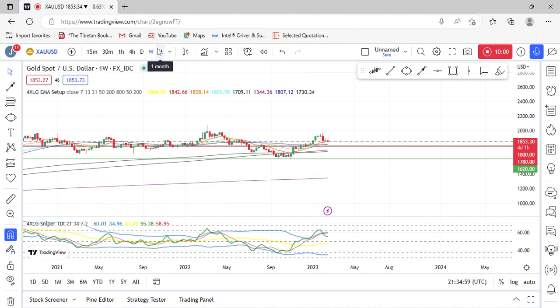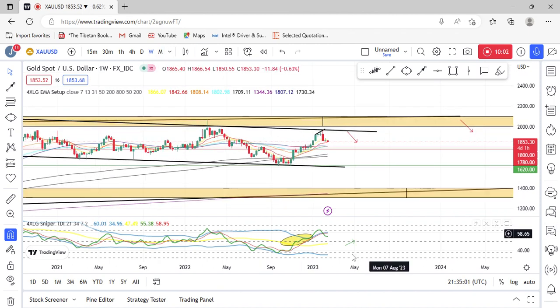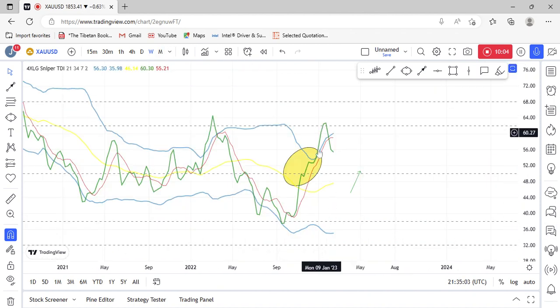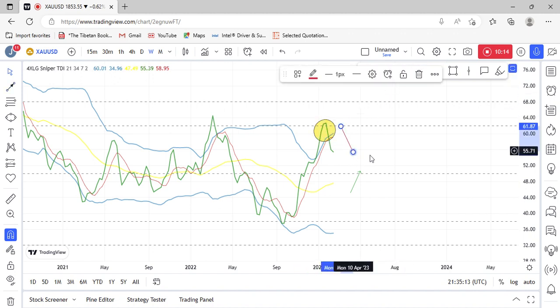So when we get down to the weekly, it's a confirmation on TDI as well. There's a current confirmation for the bearish opportunity on TDI.